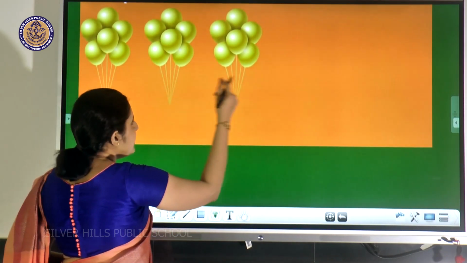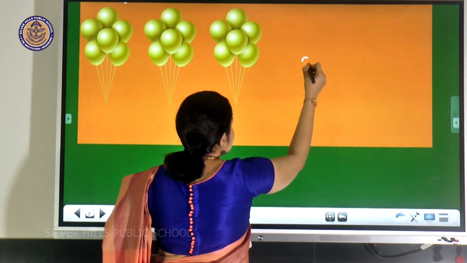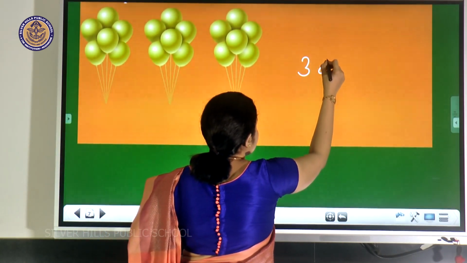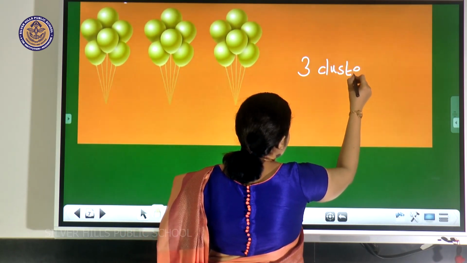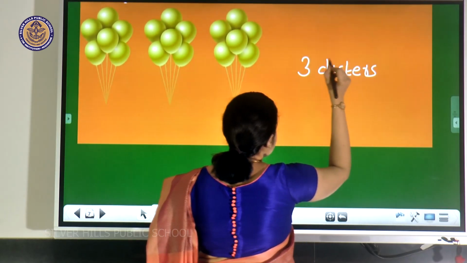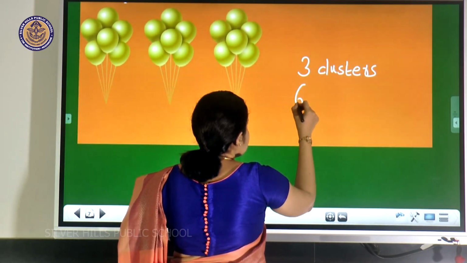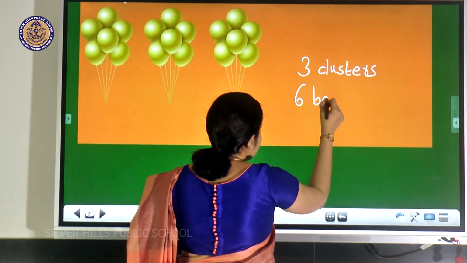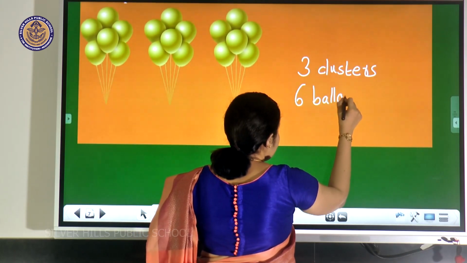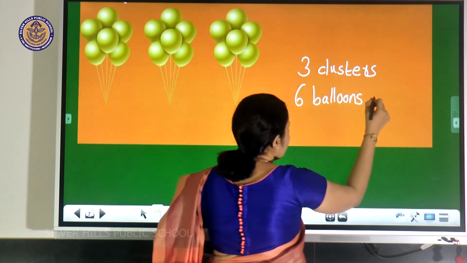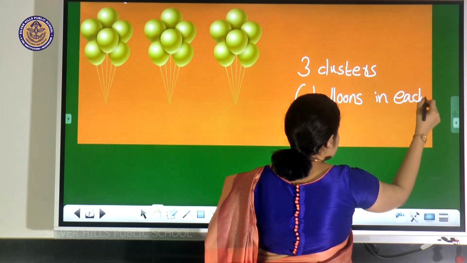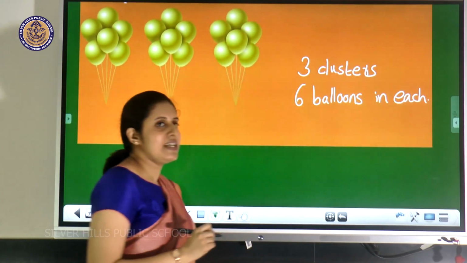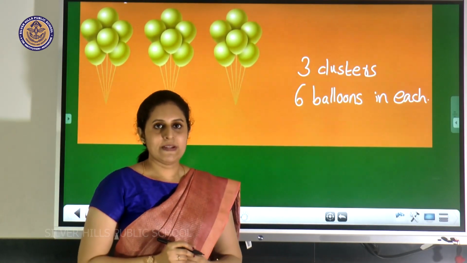How do we write this? 3 clusters, 6 balloons in each. There are 3 clusters and in each cluster there are 6 balloons, right?